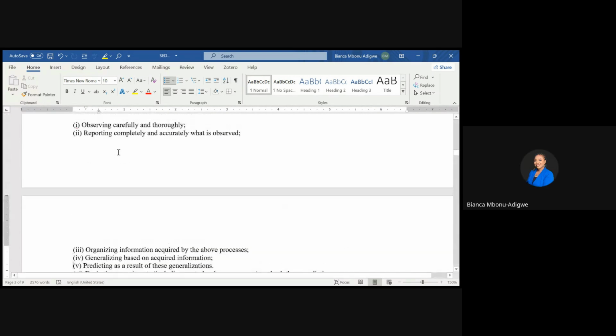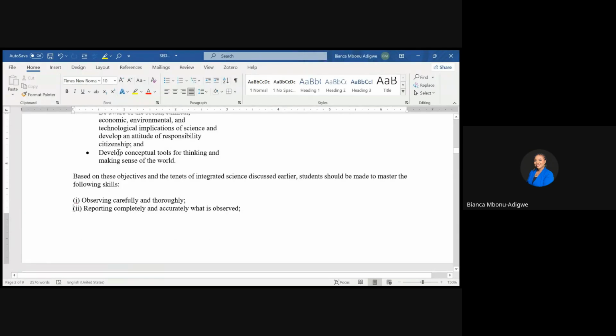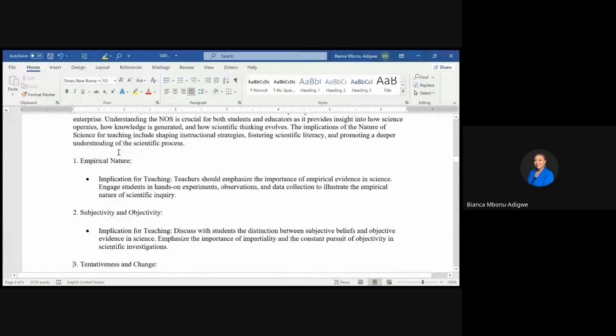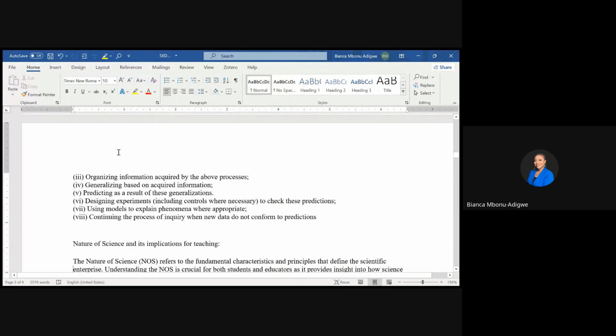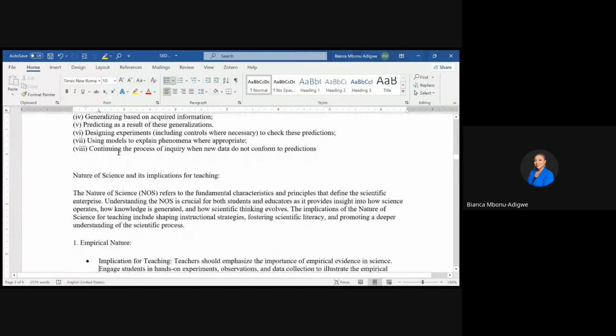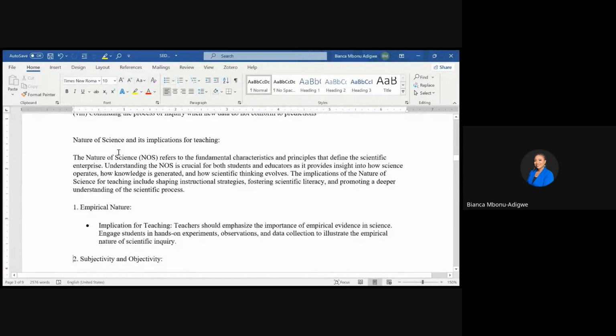Okay, now we should be looking at the nature of science. It's past 8 already. The nature of science and its implications for teaching. So I'm going to quickly run through this, and then I'll tell you what you are going to do for me in this unit.